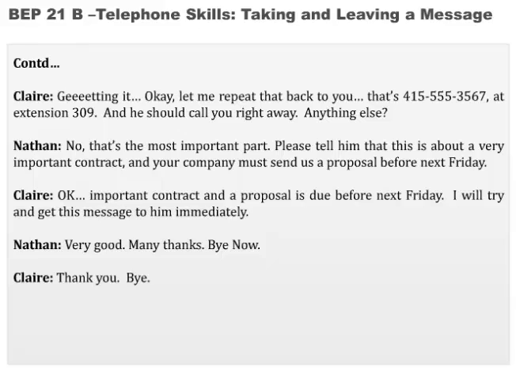And he should call you right away. Anything else? No, that's the most important part. Please tell him that this is about a very important contract, and your company must send us a proposal before next Friday. Okay, important contract and a proposal is due before next Friday. I'll try to get this message to him immediately. Very good. Many thanks. Bye now. Thank you. Bye.